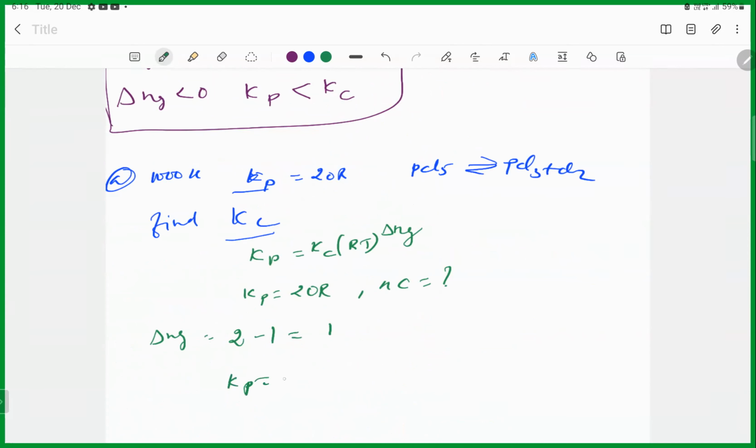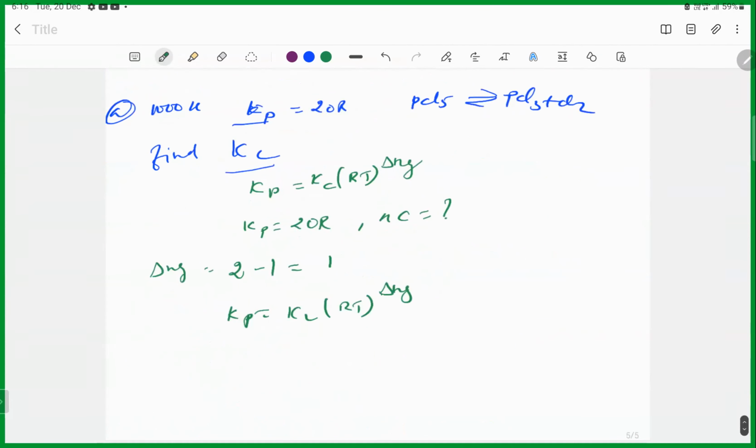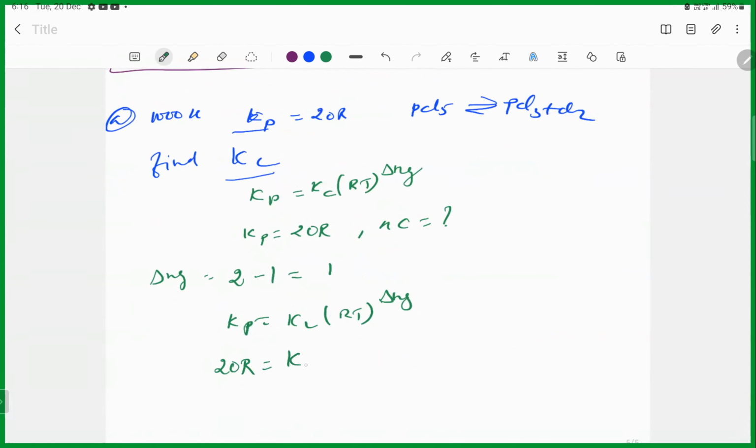So Kp is equal to Kc into RT power delta Ng. Kp is equal to 20R. Kc we have to find out. Then R and T... So Kc is equal to 20R divided by R into temperature.